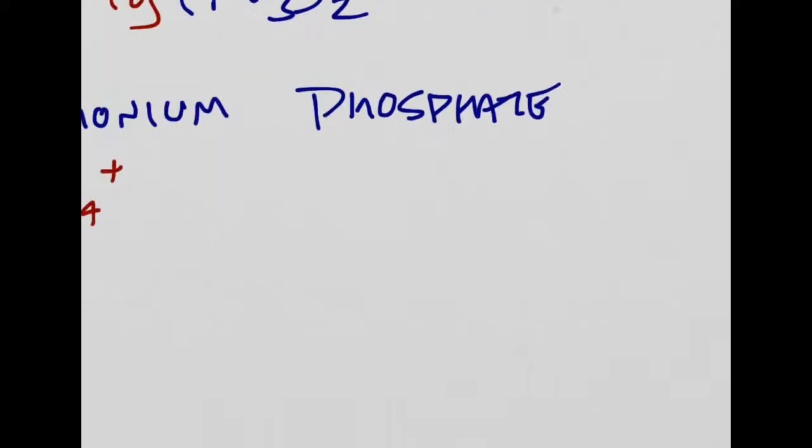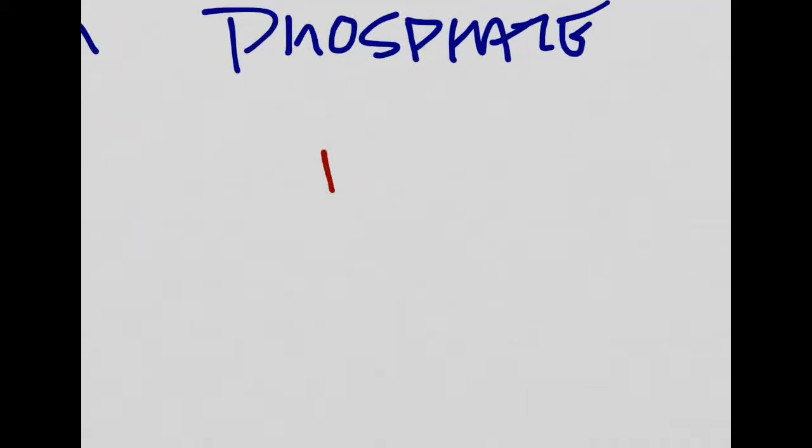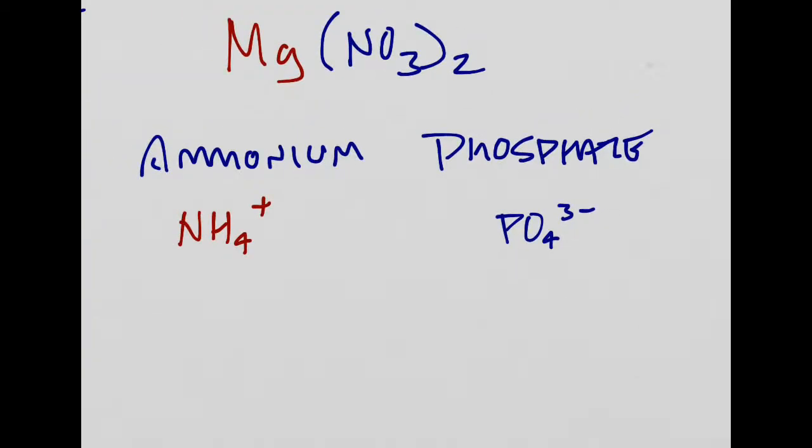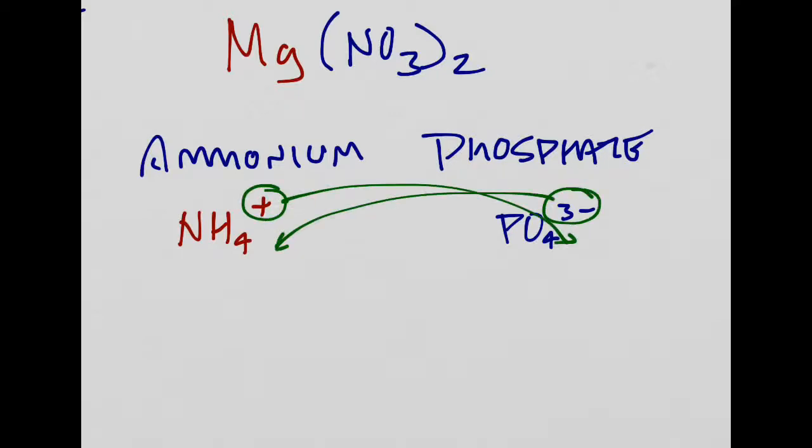And the polyatomic ion for phosphate is PO4, 3-, right? And if we do the crisscross method here, this gets pretty tricky looking, right? Because now the absolute value of the 3 is going to go over here. The absolute value of the 1 is going to go over here. Right? You don't have to worry about the 1, but you do have to worry about the 3 piece.